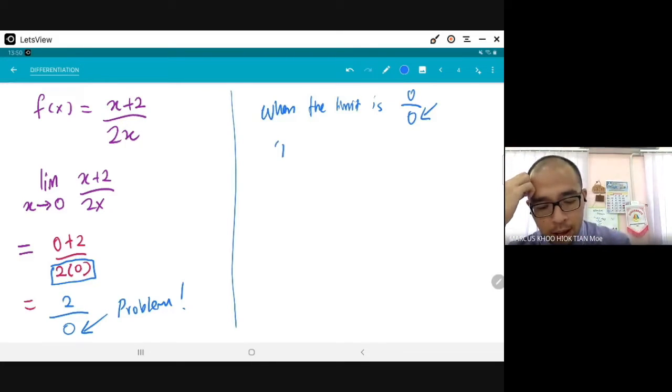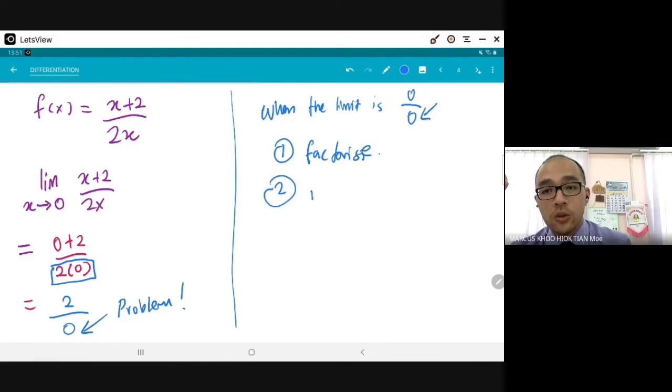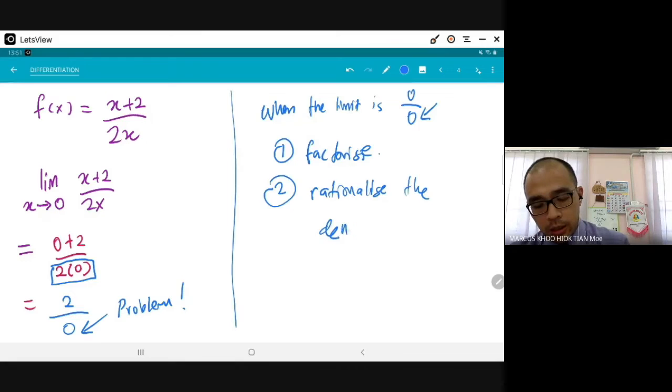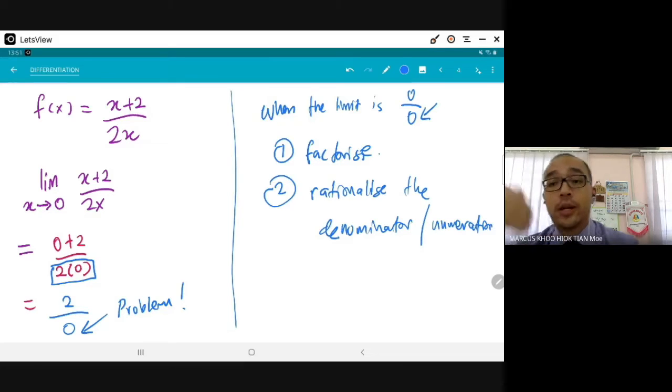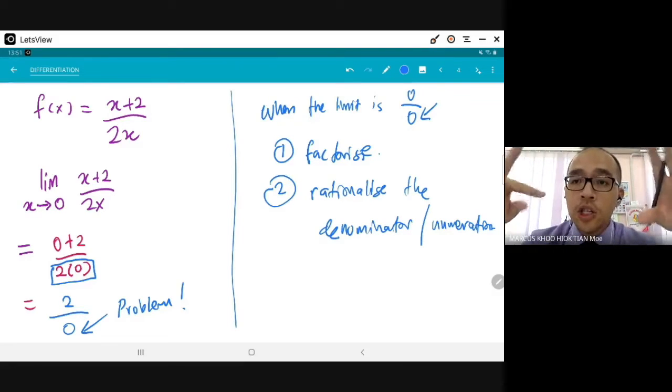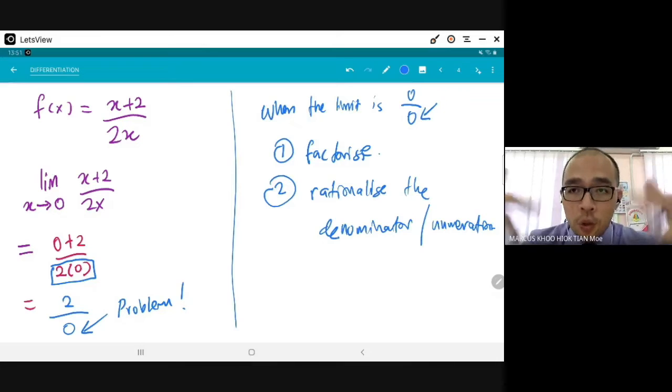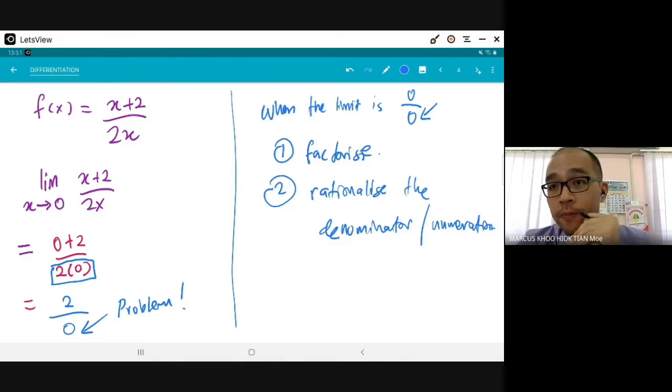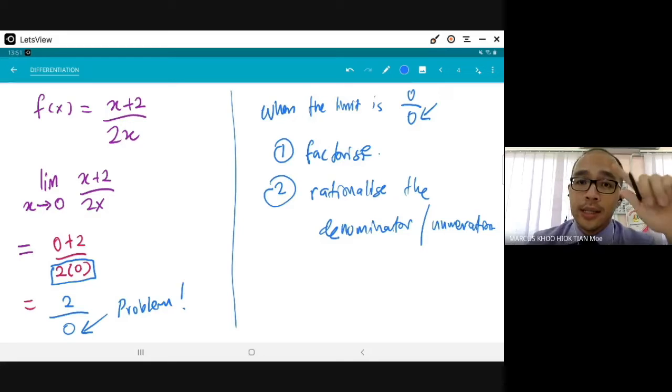Number one, either you factorize, okay, or number two, you rationalize the denominator. Okay, the denominator or the numerator. Kamu kena rationalize the upstairs or the downstairs. You have to somehow change the equation so that you will not get over 0. Okay? This is the thing that we want to talk about.